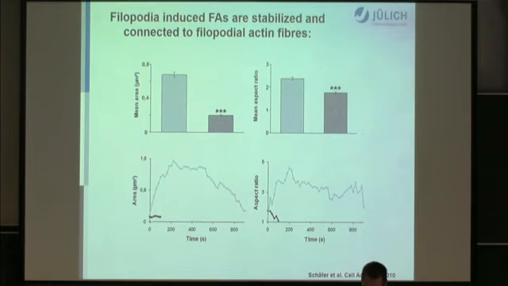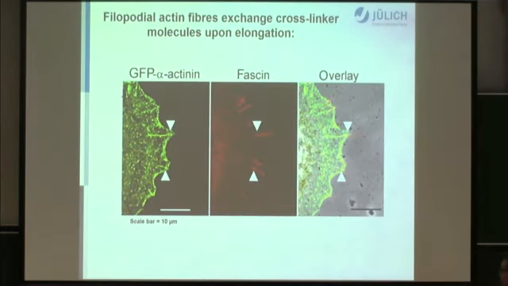The reason why those adhesions in a filopodia-dependent manner might last longer, you can see here on the next slide. What you see here is a filopodium labeled for the cross-linker you have in those filopodia, a very dense cross-linking of the 20 to 30 actin filaments.